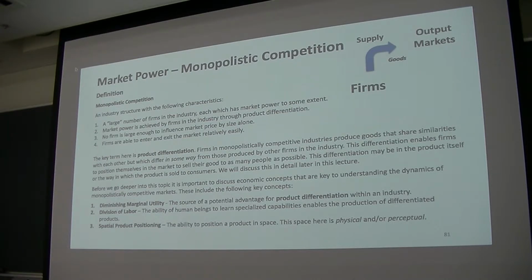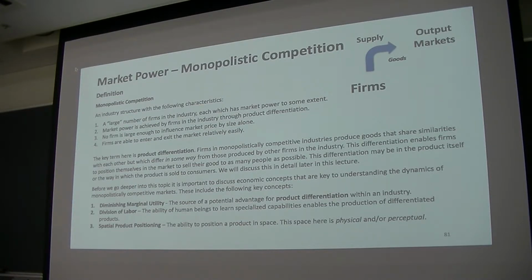So the most important term here is product differentiation. In monopolistic competition, the industries produce goods that share similarities but differ in some way from those produced by other firms.